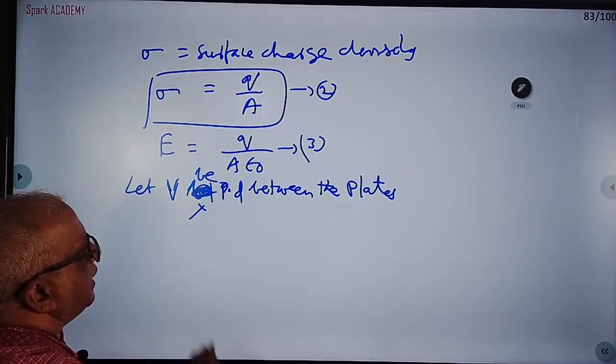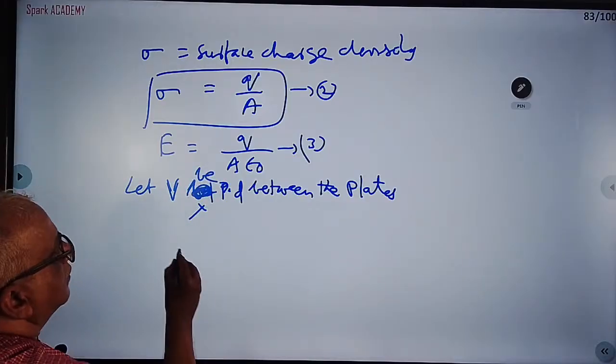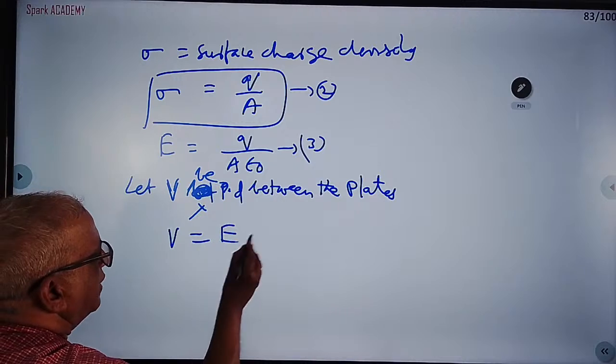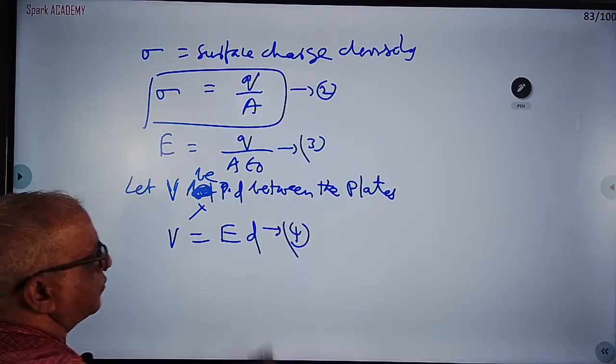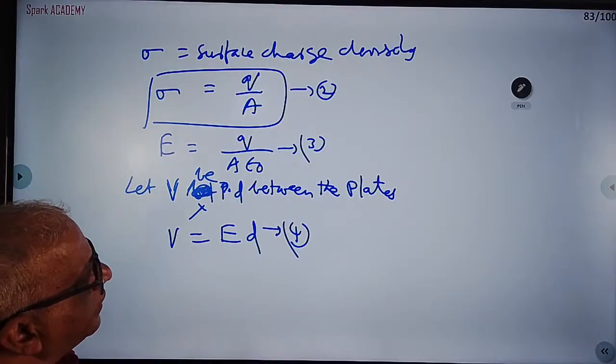So V is equal to E into D. That is the relation between potential difference and electric field. This is the equation: potential difference V is equal to E into D.